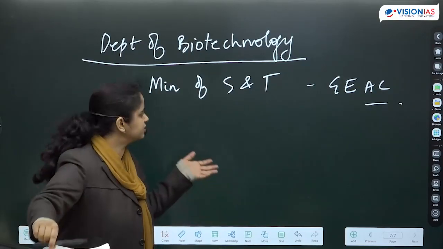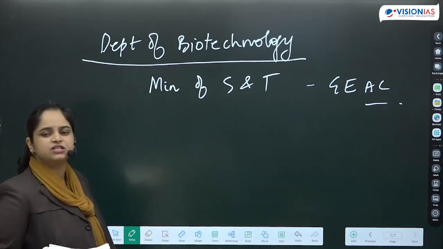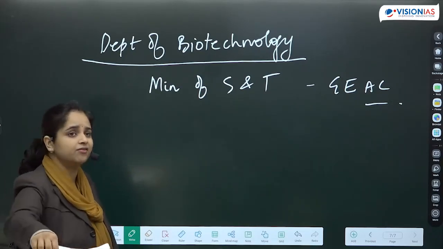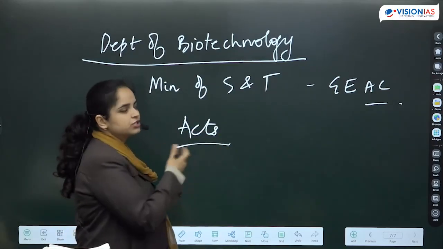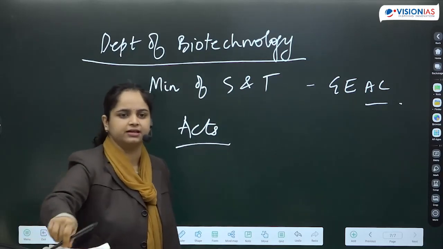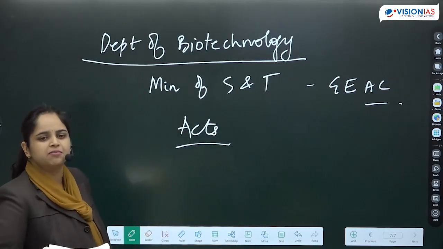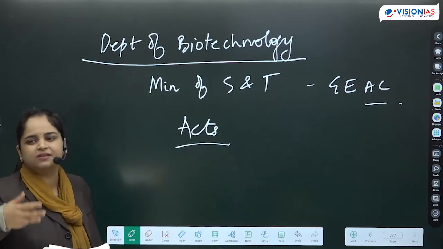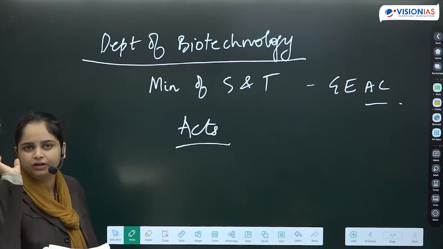The challenge in this whole regulatory system is that there is a lot of duplication, there is a lot of multiplicity, you have to get clearance from different places, and we have so many acts to which a product has to agree to, right? You have Biodiversity Act, you have Drug Safety Act, you have Plant Variety Act, ऐसे बहुत सारे acts हैं. When you read about a particular issue, then the arguments will mention this also, कि इस act की ये provision है which this thing is not agreeing to.